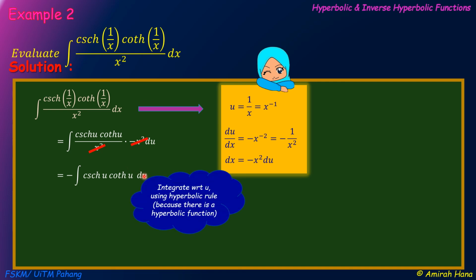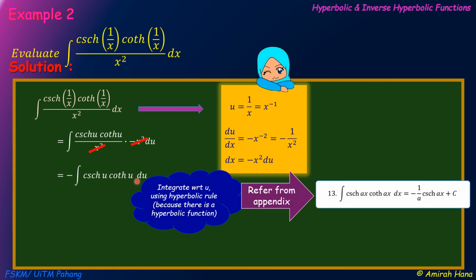So from here, we can integrate with respect to u, but this time we need to integrate using the trigonometric rule because we still have a trigonometric function here. To integrate it, we can refer to the appendix that will be given in your final exam paper.